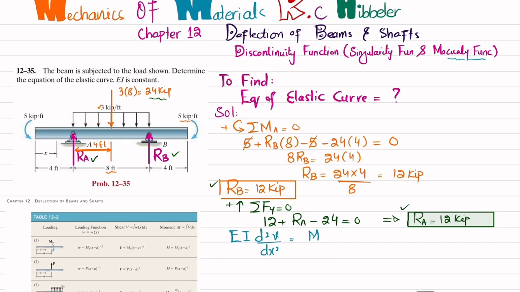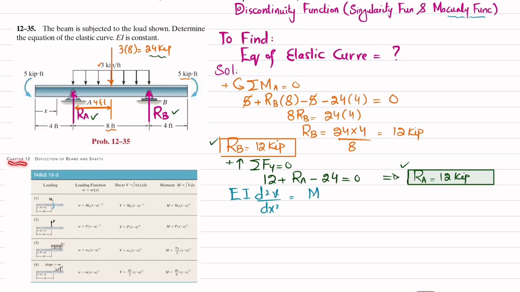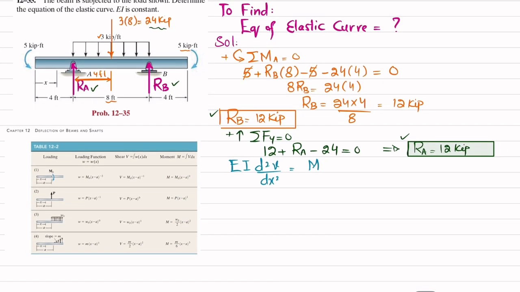So you can see here that you have a moment, you have point loads, and you have a uniformly distributed load. There is a table given in chapter number 12, deflection of beam and shaft, and that table is 12-12. Here you can see for different types of loadings you have the equation of moment. So we will get the moment equation as a sum of all these functions. So first we will find the moment equation.